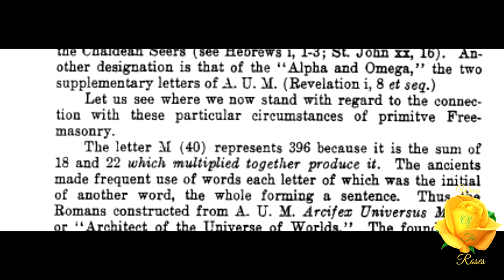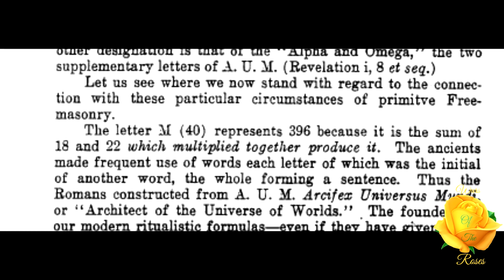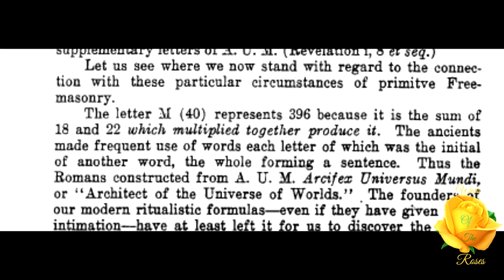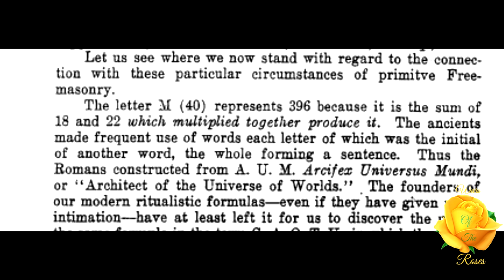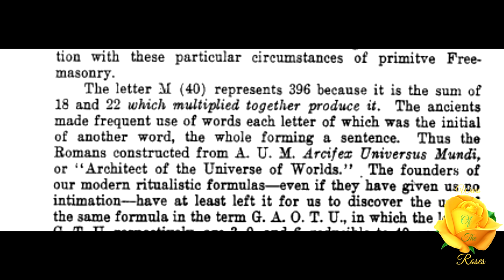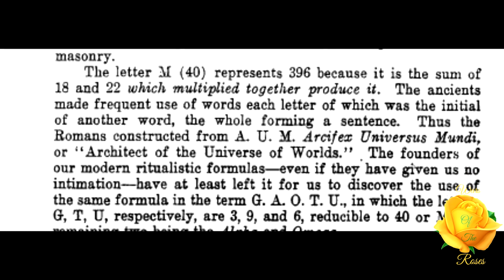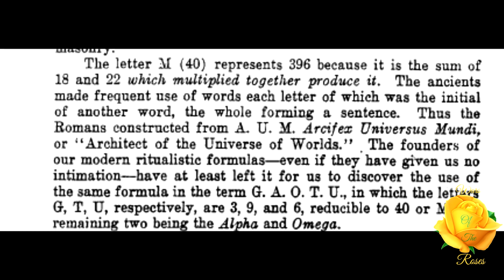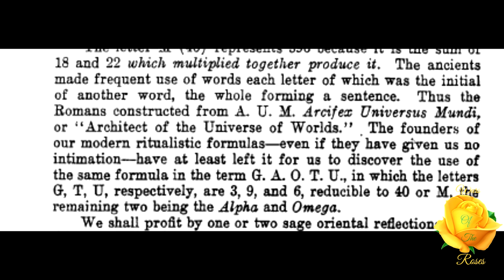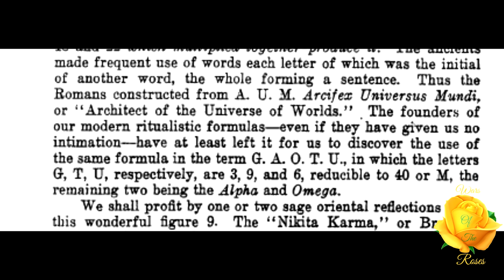Let us see where we now stand with regard to the connection with these particular circumstances of primitive Freemasonry. The letter M, which is 40, represents 396 because it is the sum of 18 and 22 which multiplied together produce it. The ancients made frequent use of words, each letter of which was the initial of another word, the whole forming a sentence. Thus the Romans constructed from AUM, Architects Universis Mundi, or Architect of the Universe of Worlds.